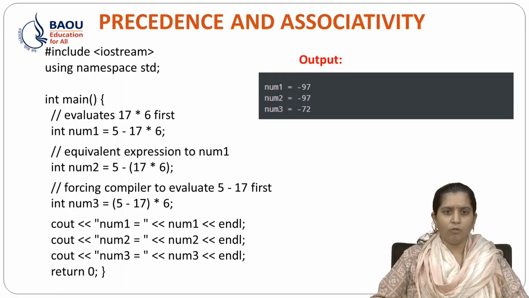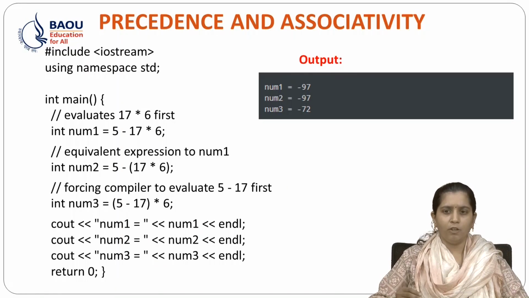So, according to the precedence of the operator, first 17 into 6 will be evaluated, and then the result of 17 into 6 is subtracted from 5.